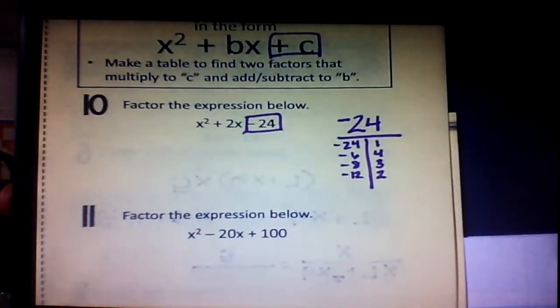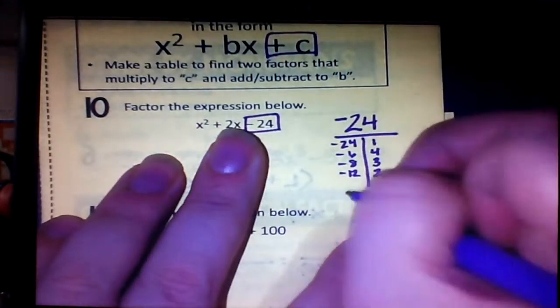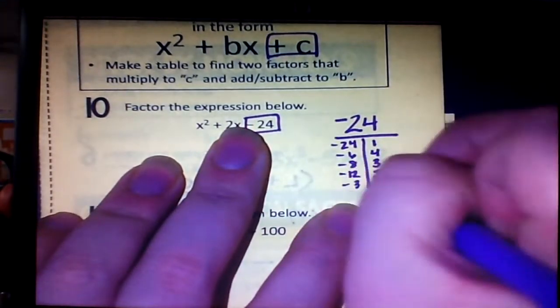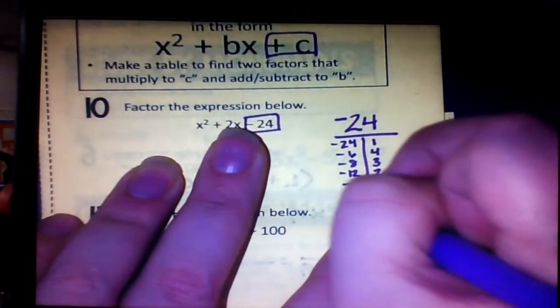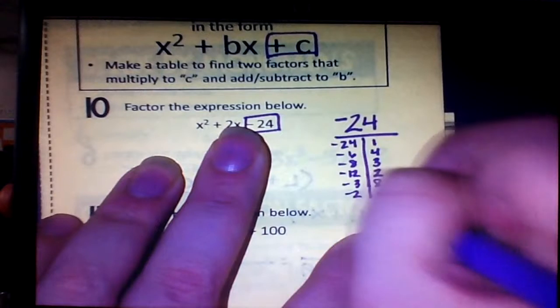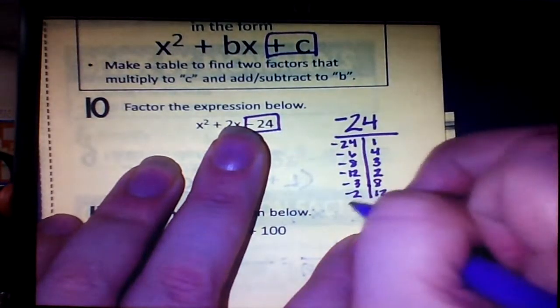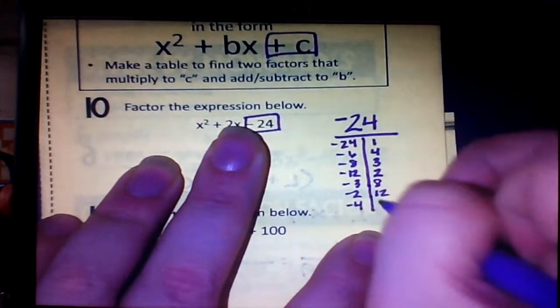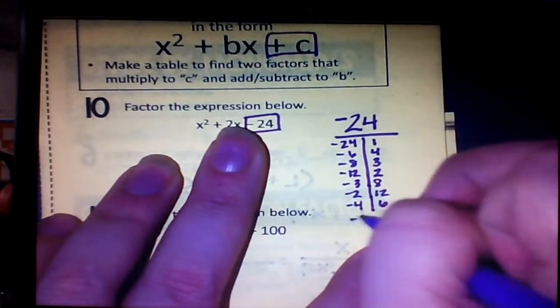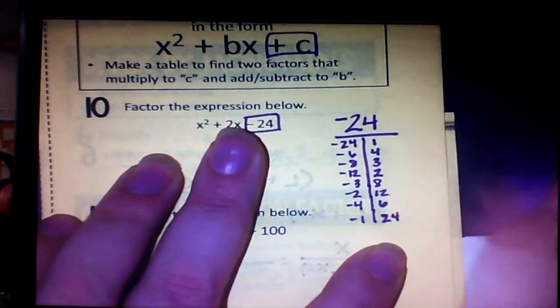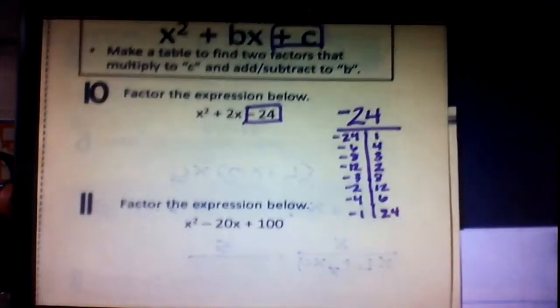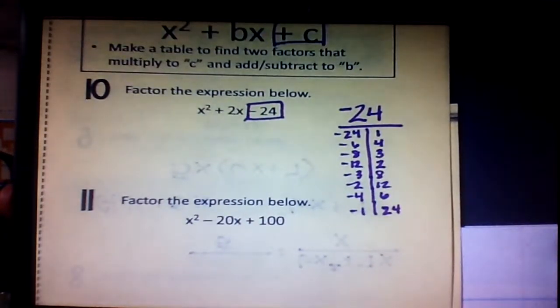And watch why. So, Husto said negative 3 and positive 8, which means I can also reverse and do negative 2 and positive 12. I can do negative 4 and positive 6 and negative 1 and positive 24. Because that's a negative, I know that one of my numbers has to be a negative.